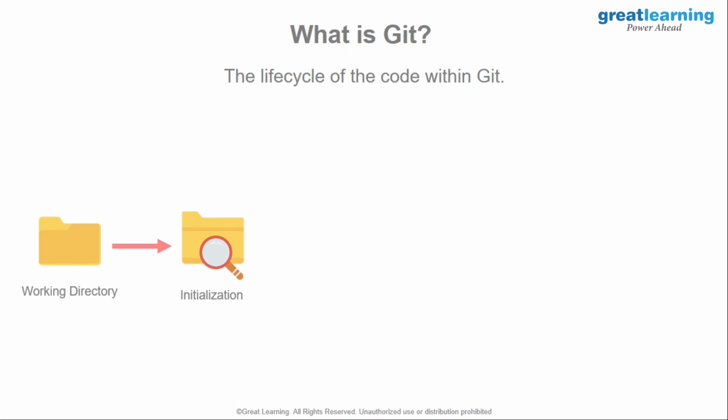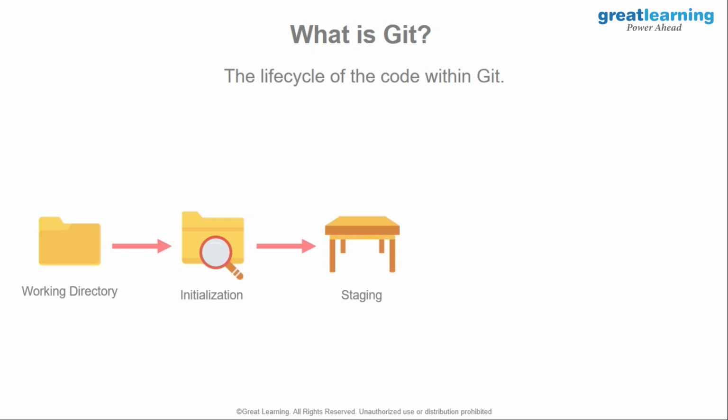Then comes the next step, that is staging. Once the initialization has been completed, the work on the code can begin. All the changes, like additions or deletions, are made. You already might have some code like index.html. You make changes in that code, and then you go ahead and stage it. So you'll basically be working on the code between initialization and staging.